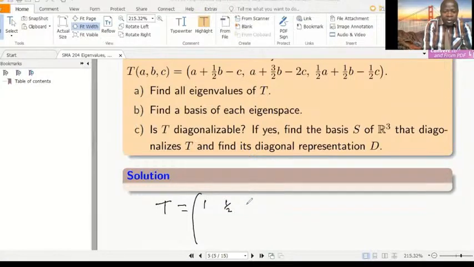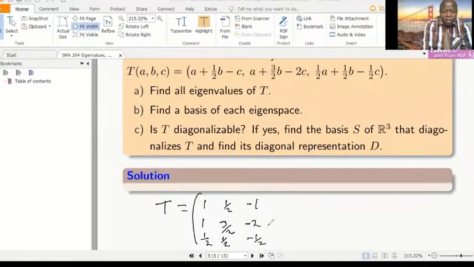Then for the second row, the coefficient of A is 1, then 3 over 2, then negative 2. Then we have a half, and then another half, and then negative a half. So this is the matrix T.